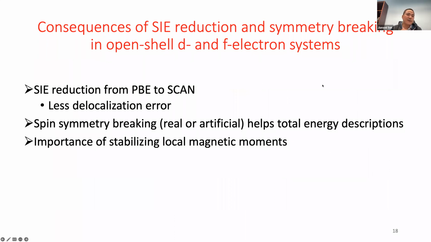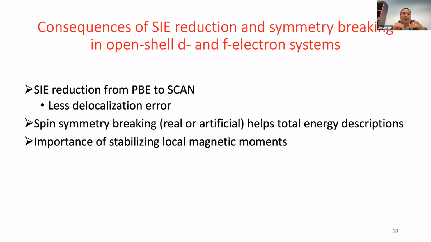So this self-interaction error reduction from PBE to SCAN usually means that the electrons are less delocalized, right? So the self-interaction error has this kind of effect on the electron density.